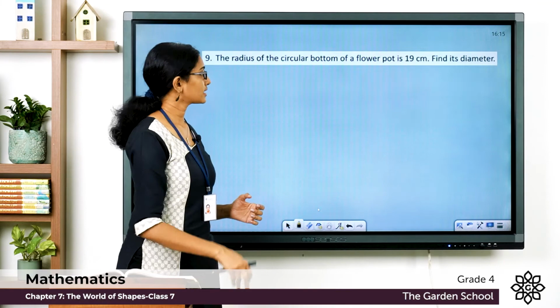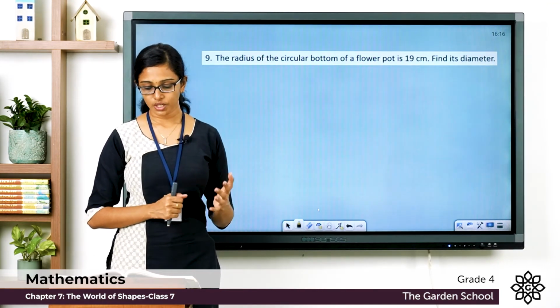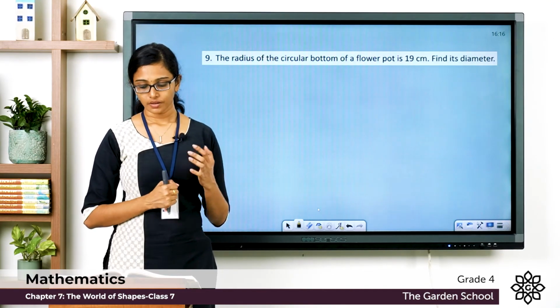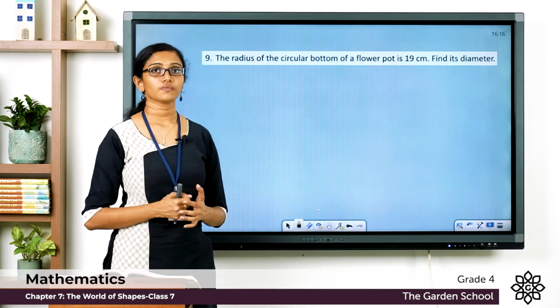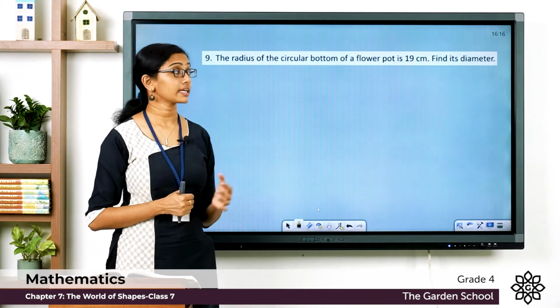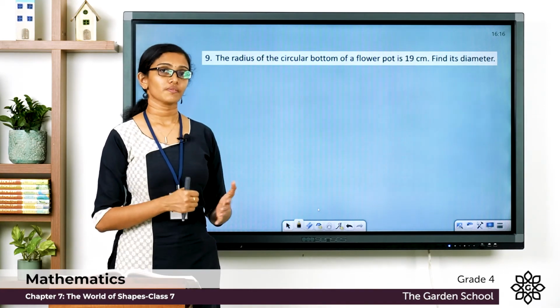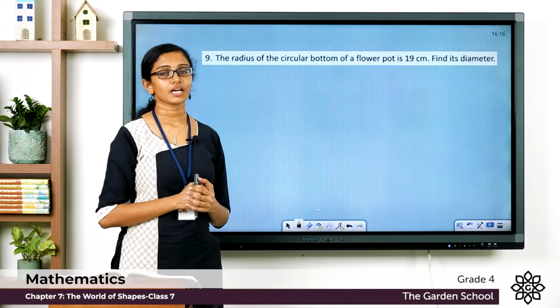Clear? Let's move on to the next question. We have a word problem here. The radius of the circular bottom of a flower pot is 19 centimeter. Find its diameter. So you are given the radius of the base of a flower pot and it is 19 centimeter. You have to find its diameter. We know the diameter of a circle is equal to twice its radius.